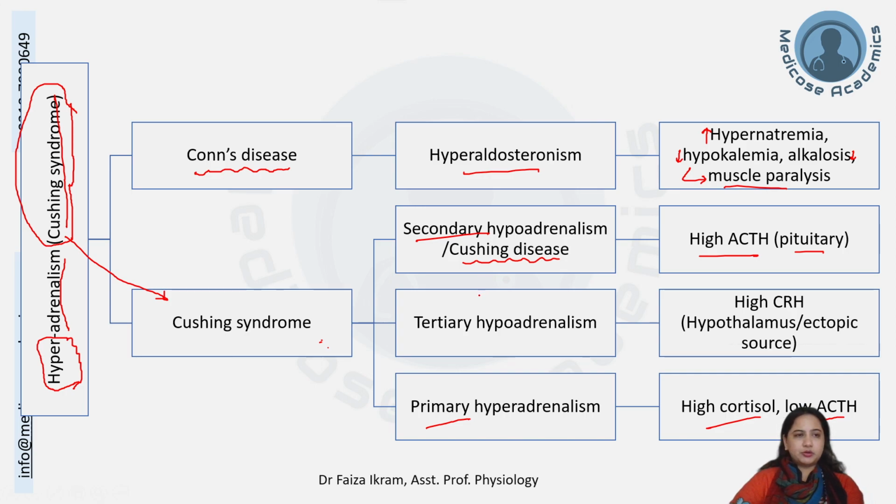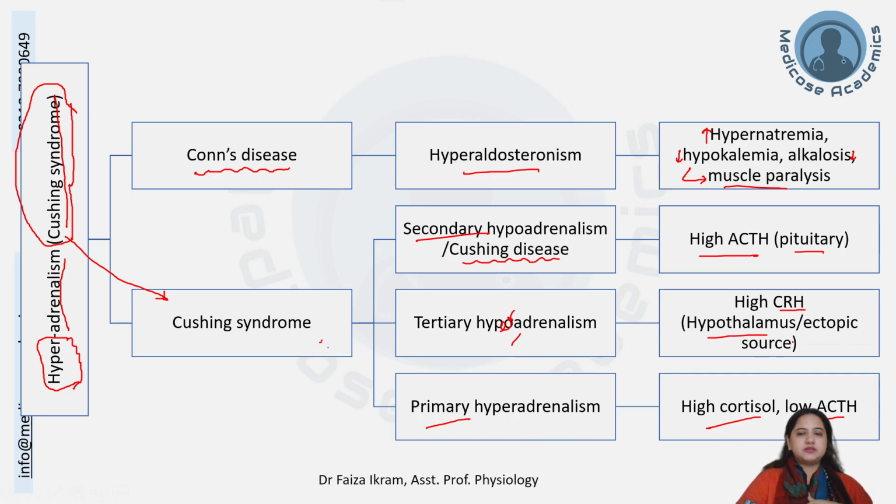So if you are asked about the difference between Cushing disease and Cushing syndrome: Cushing syndrome is a larger umbrella which involves all the cases of excessive adrenal cortical hormone production, and Cushing disease only involves those produced because of the pituitary gland. And tertiary hyperadrenalism is caused because of excessive corticotropin releasing hormone by the hypothalamus.